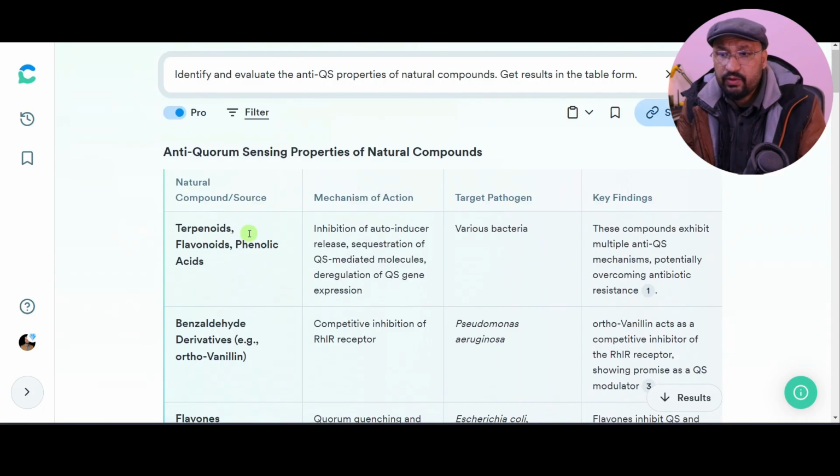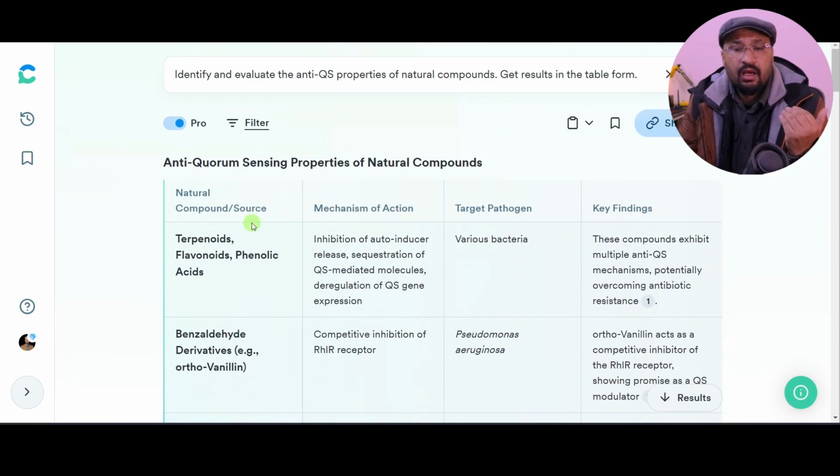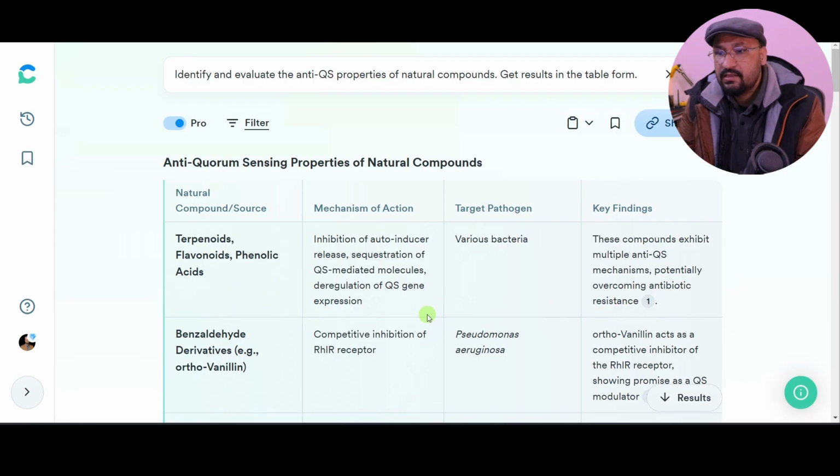Okay, so this is how you can identify the literature behind that particular research question, right? And now the critical point, which is the third one, identifying the knowledge gap. This is very, very important, and I have created a prompt for that also for Consensus. For those who are not familiar with how Consensus works, it works in the same way ChatGPT does.